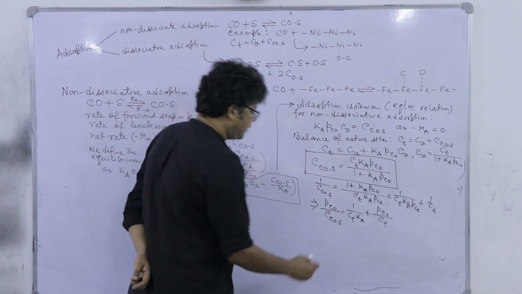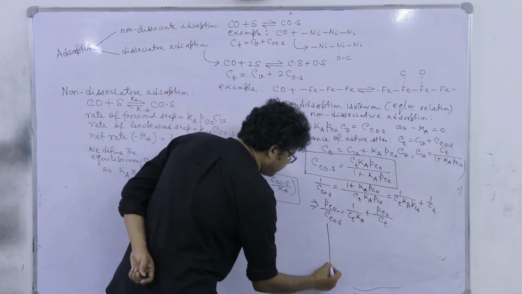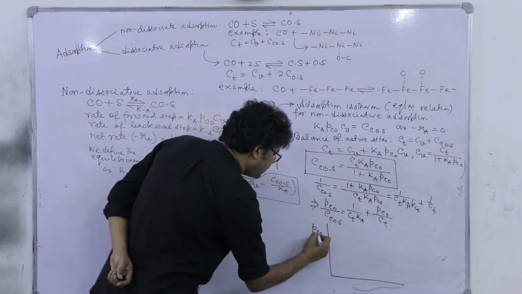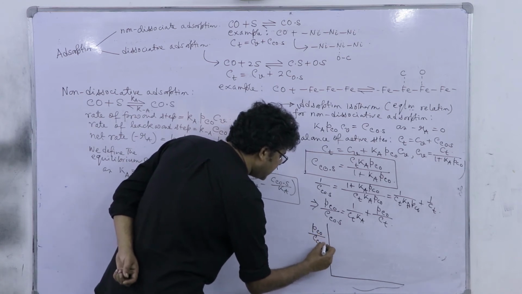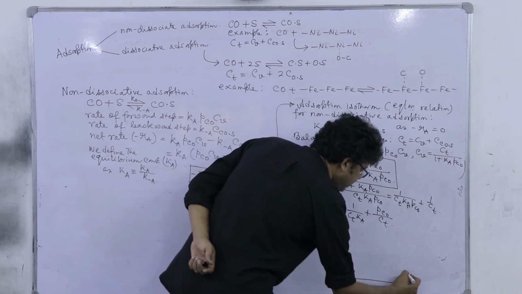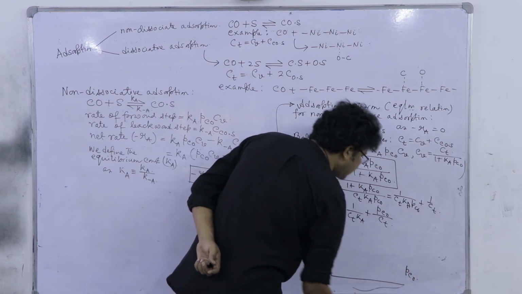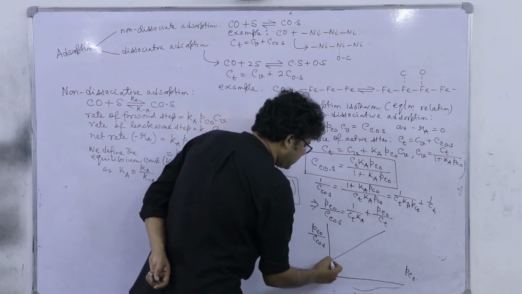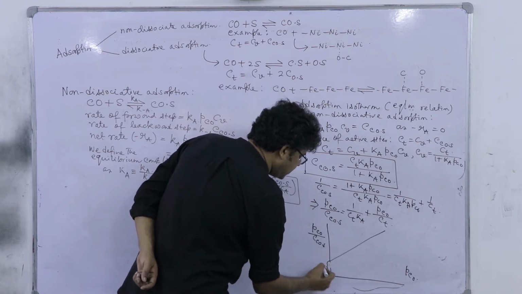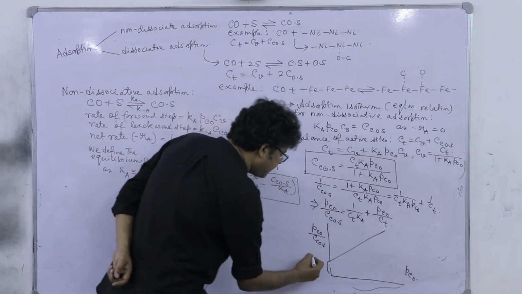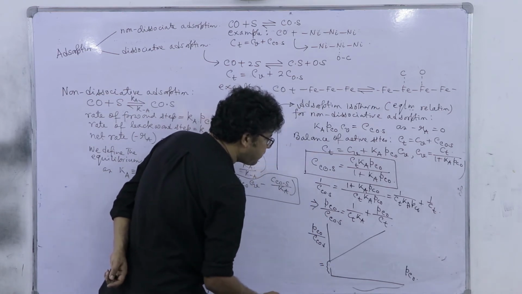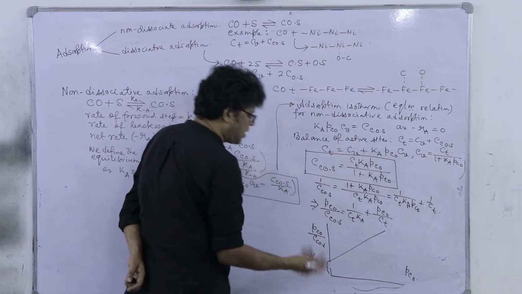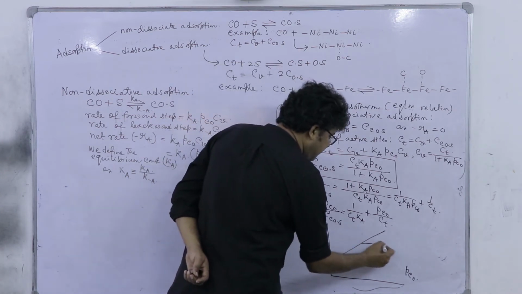Right. So, if I plot in a rectangular graph PCO divided by C_CO·S versus PCO, I must get a straight line fit with intercept equal to 1 divided by Ct into Ka, from which we can get this Ka if we know Ct.